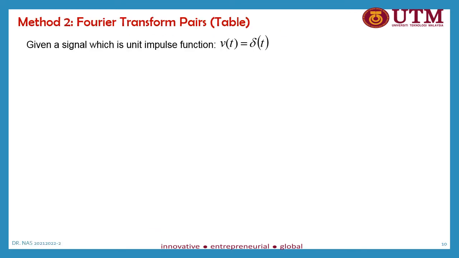Okay, let's look at how to solve this by using Fourier transform pairs from the table. Again, we are going to use the same equation. You will compare the first method, the Fourier integral, with the second method using transform pairs from the table.